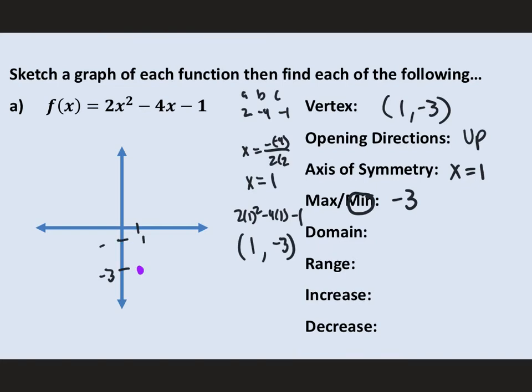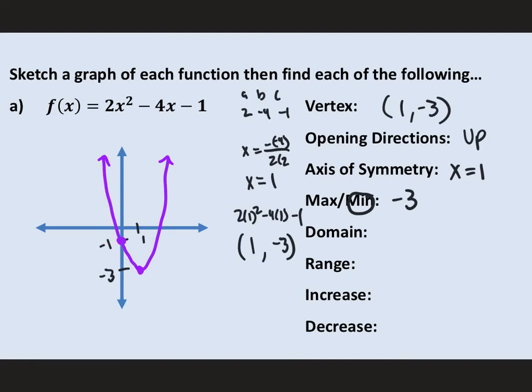So we'll go ahead and make a mark at negative 1 and put a point there. We can draw one side of our parabola going this way, and then mirror image it on the other side, and it's opening up like we knew it would. Our minimum is down here at negative 3 like we knew it would. Vertex 1, negative 3, and our y-intercept is negative 1, even though it didn't ask us for that over here.